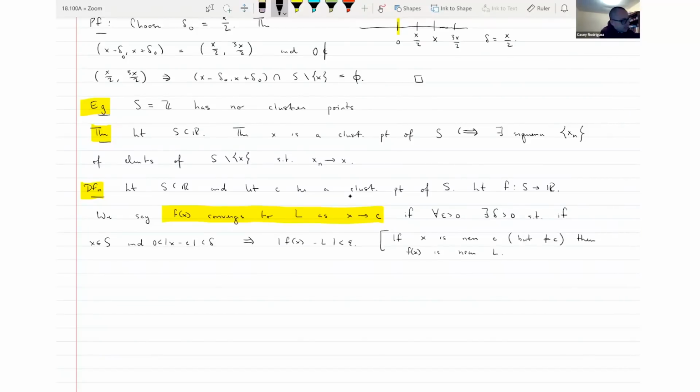Okay, so the picture you should have in mind is that here's c, and maybe f is not even defined up to there, but there's the graph of the function f.